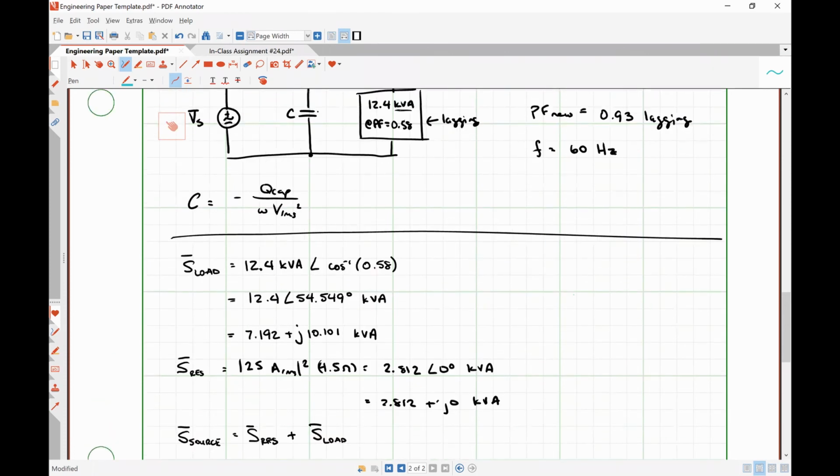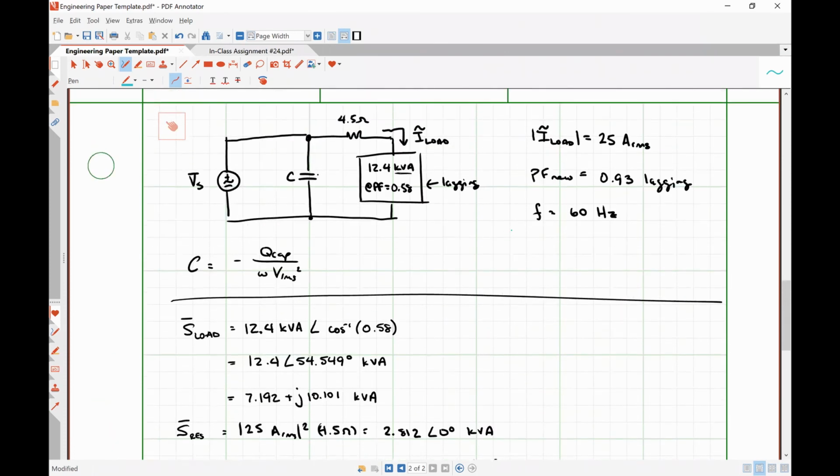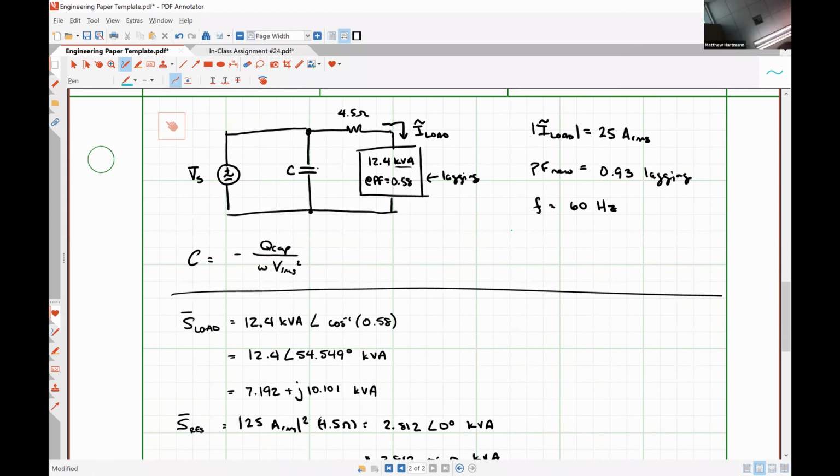We could find our frequency, but we're missing our voltage, VRMS. Okay, so let's talk about how we're going to find VRMS. So I'm going to draw something right here.